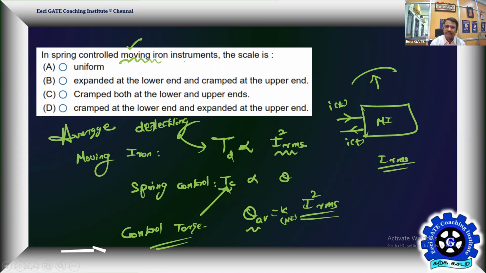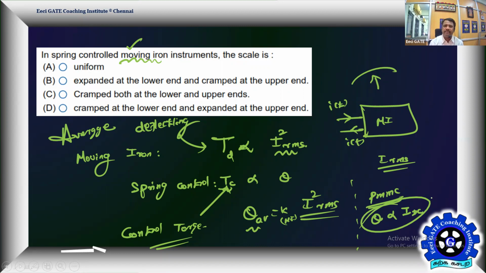Unlike the PMMC, which has a very uniform scale because it is a DC instrument where theta is proportional to the current passing through the moving coil, theta is proportional to I. That is the only instrument having a very uniform scale, other than electrodynamometer wattmeters, which also have a uniform scale. Apart from PMMC, the wattmeter alone will have a uniform scale. The rest of the instruments are not going to have a uniform scale.